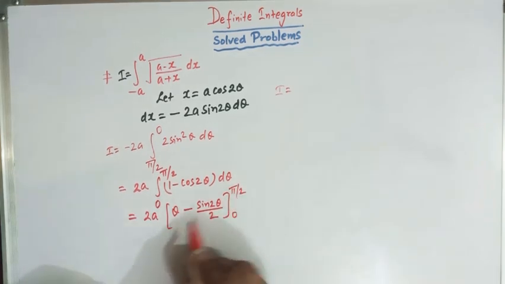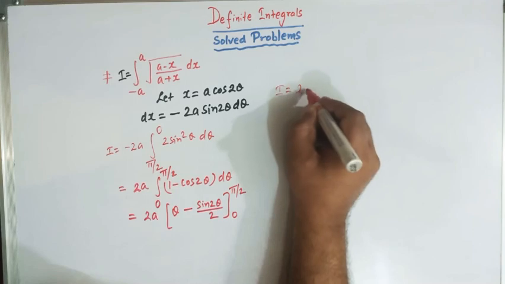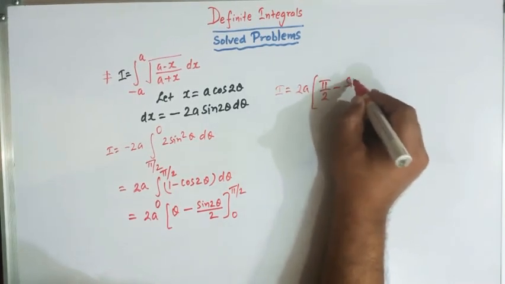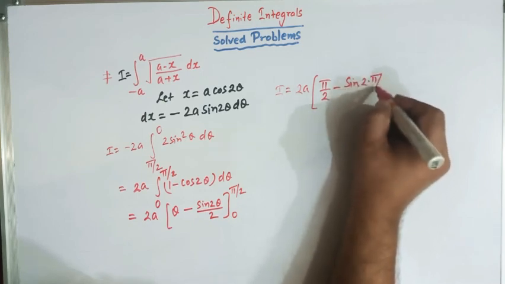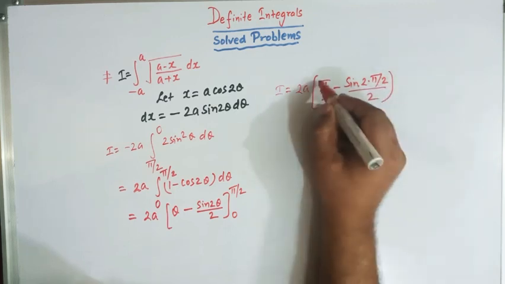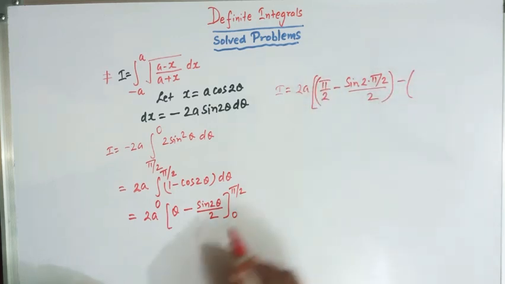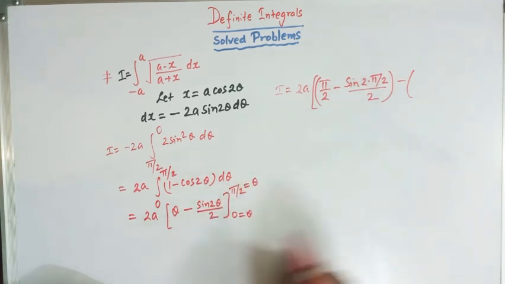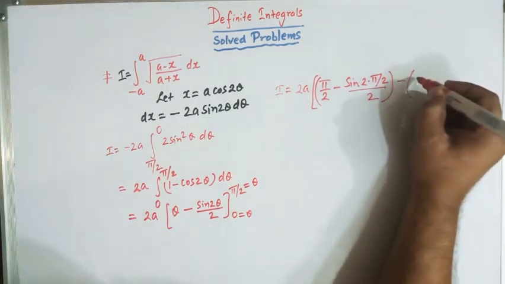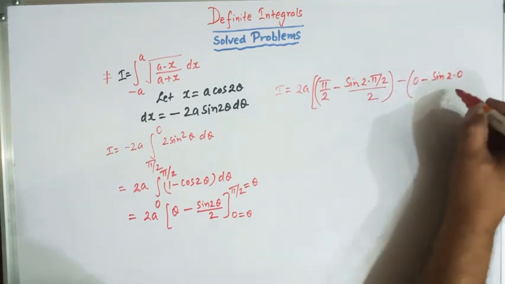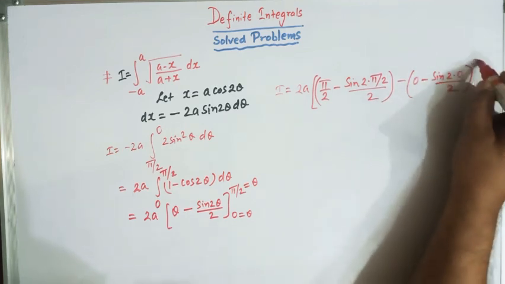Now substituting the limits here, we have 2a times [π/2 − sin(2 times π/2)/2], and here we have minus, substituting θ equal to 0, which gives 0 − sin(2 times 0)/2.